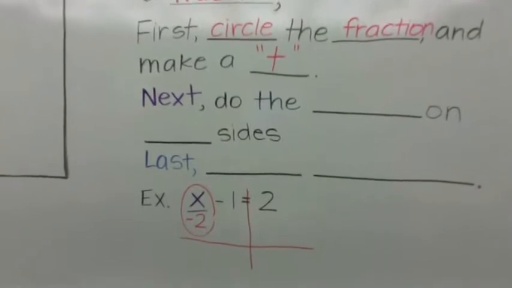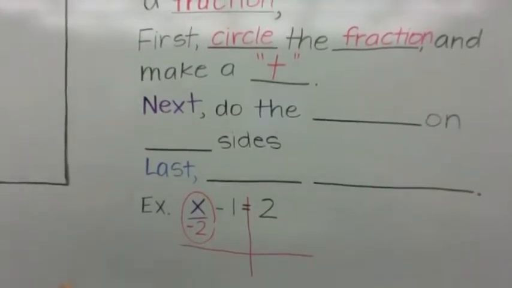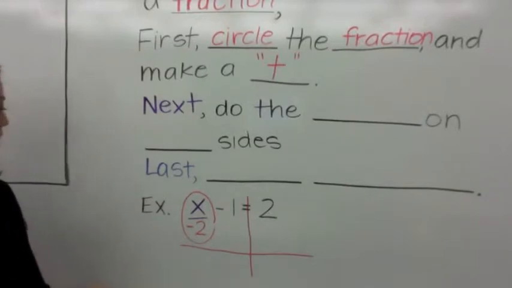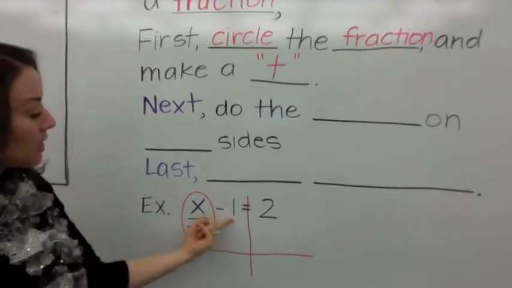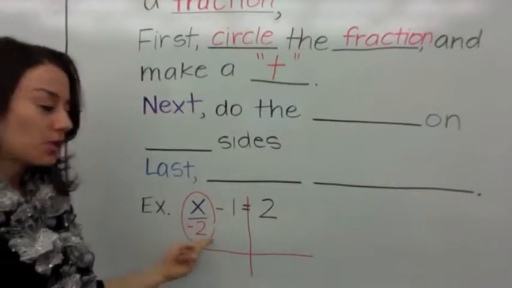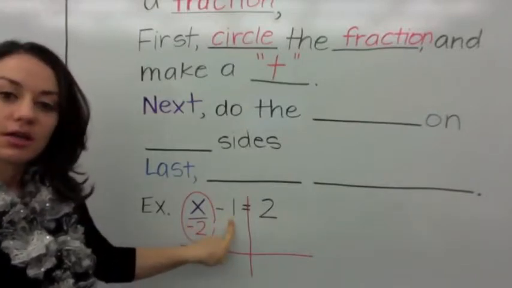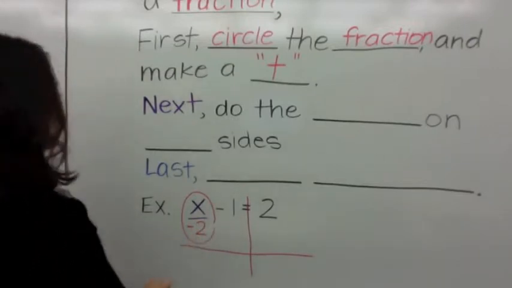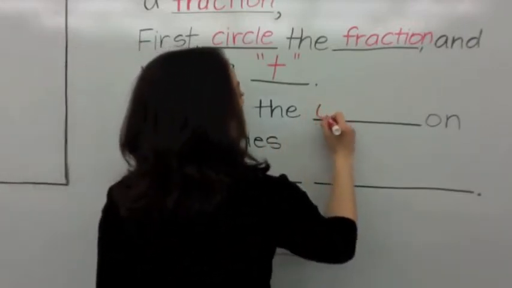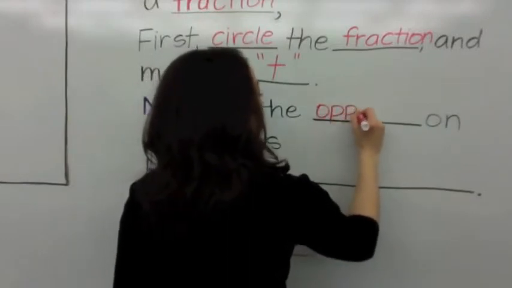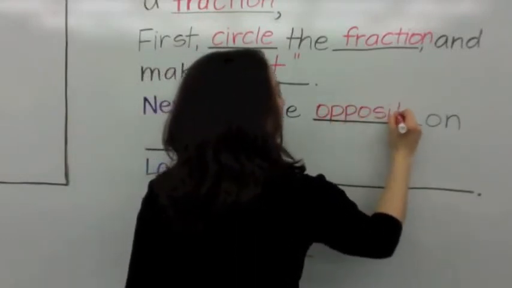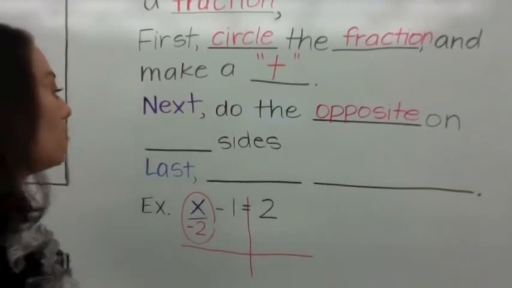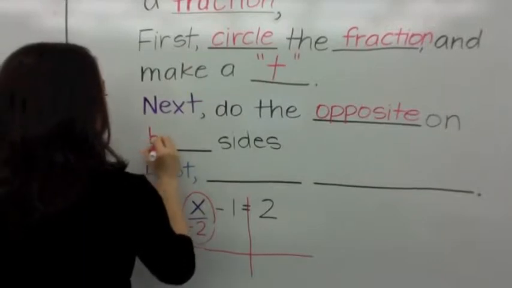Next, when you go to solve this equation, what you have to do is look at the number or the integer that is next to what you circled. So what is this integer here? It's not 1, it's -1. So we want to do the opposite on both sides.